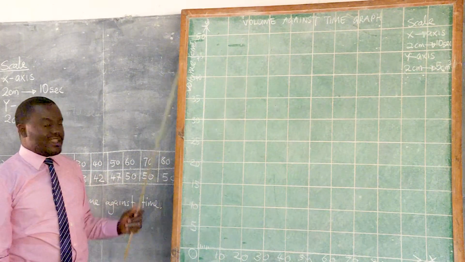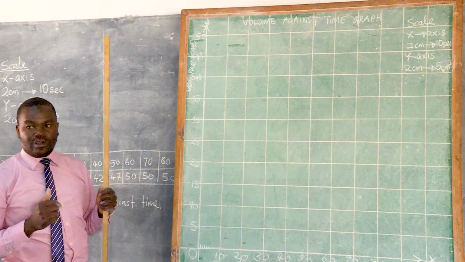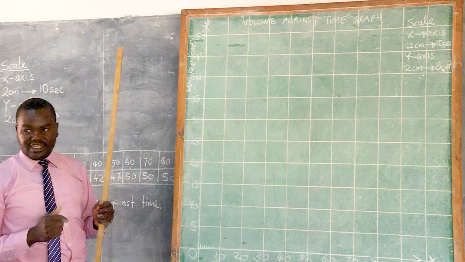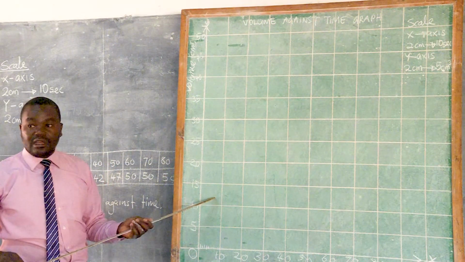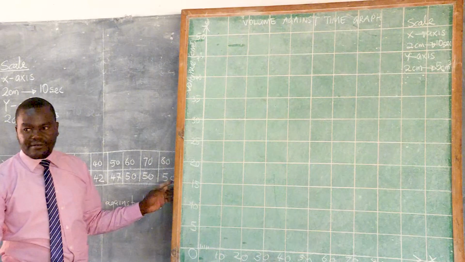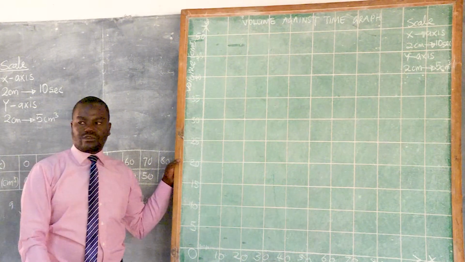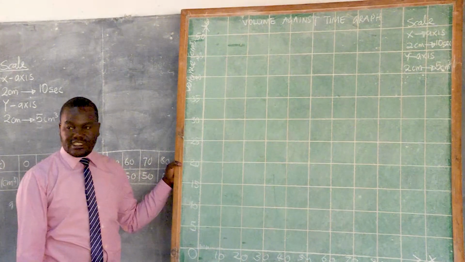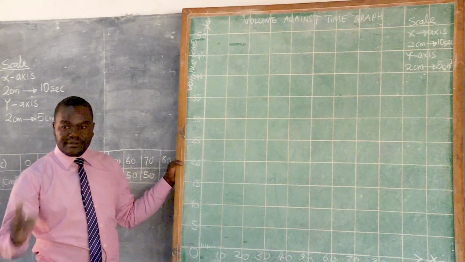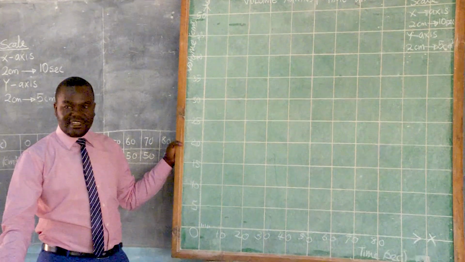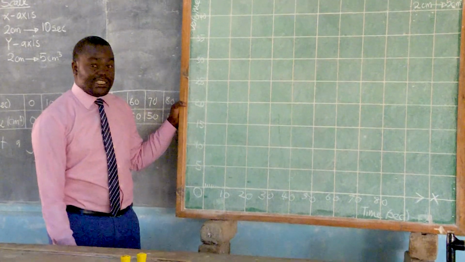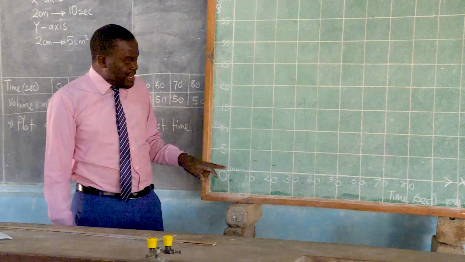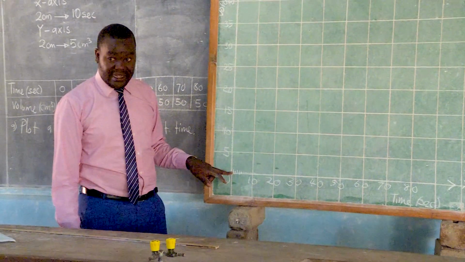So, after we've done that, we now start plotting the coordinates carefully on the what? On the graph. So, we start with our first coordinate. What is our first coordinate? So our first coordinate is 0, 0, meaning they are at the origin line.